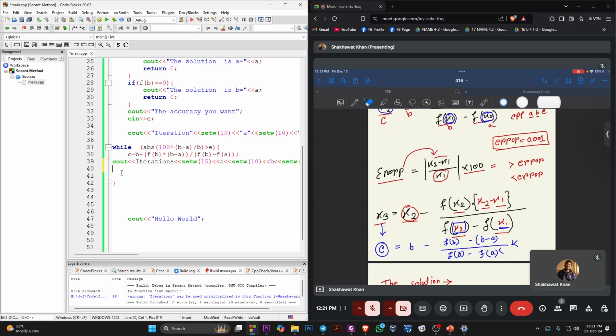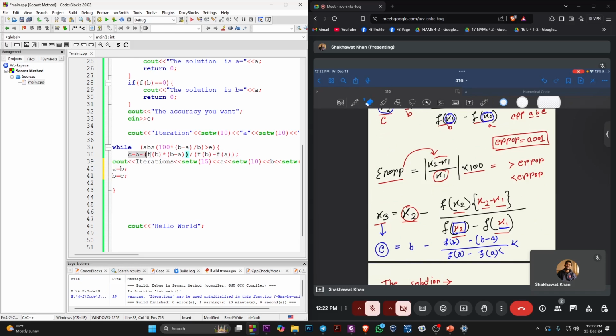Okay, now I have to swap the values. What would be my values for A and B? My A value would be B and my B value would be C in this expression.